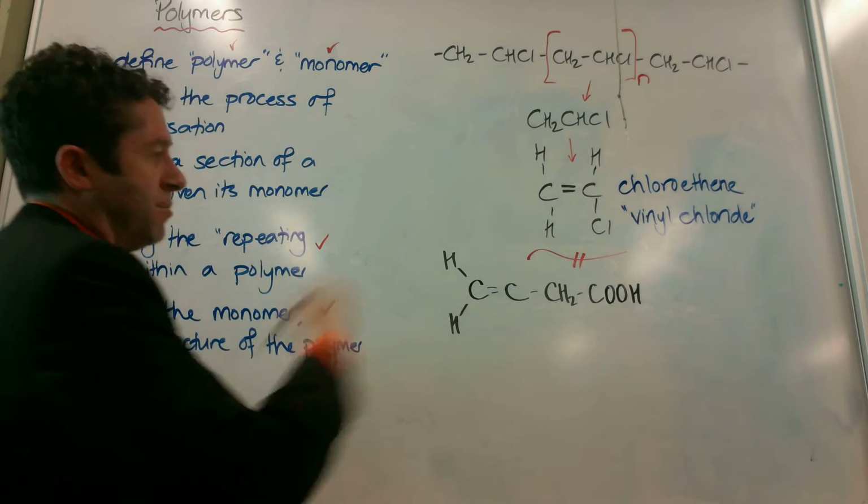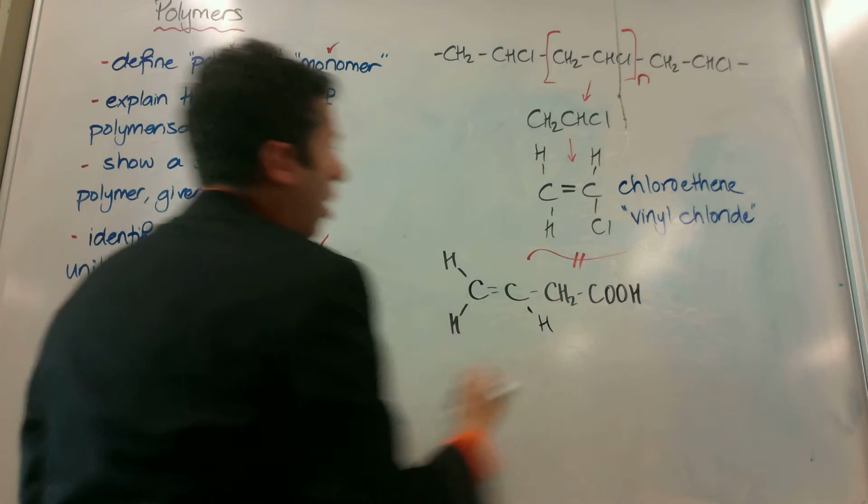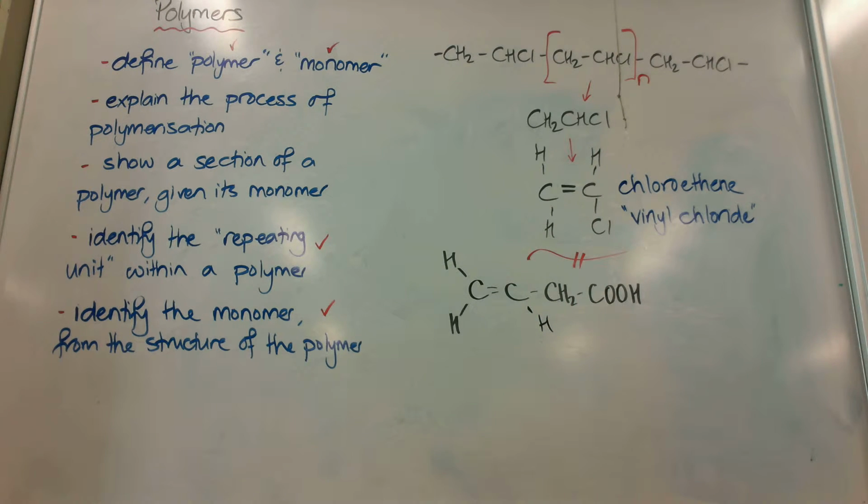I haven't got it right, so I'm just missing hydrogen. What if you were told that this was the monomer, and you were asked to draw a section of the polymer that it forms? It looks pretty daunting, doesn't it? Especially the way that it's been drawn out. It looks really daunting.